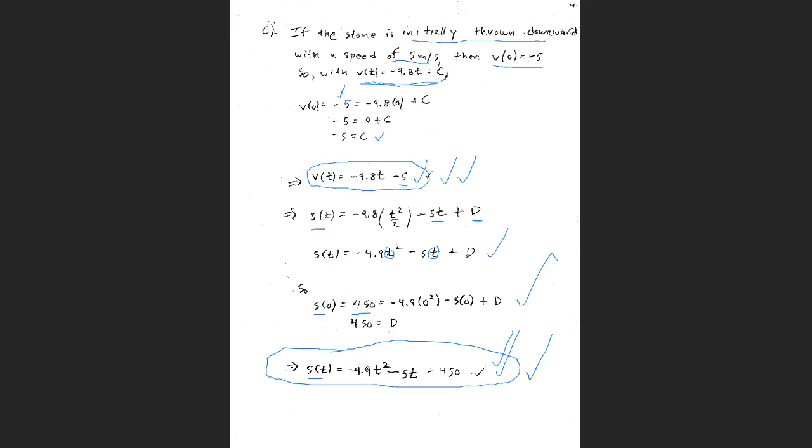Okay, so now remember, for this part C of the problem, we want to know how long it takes for the stone to reach the ground. So what do we have to set s of t equal to?